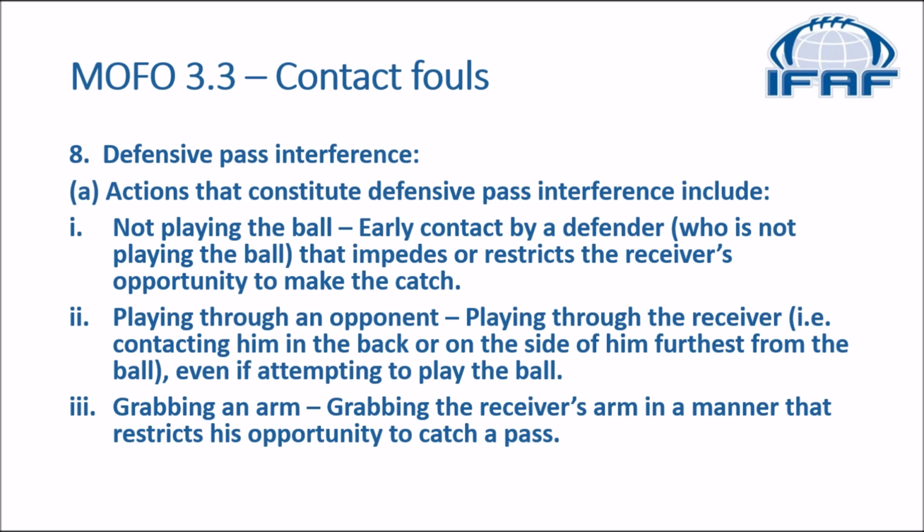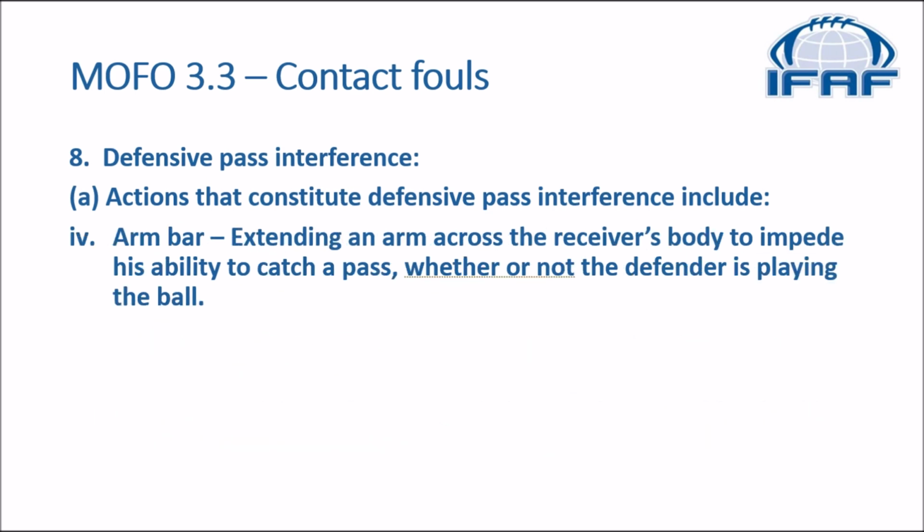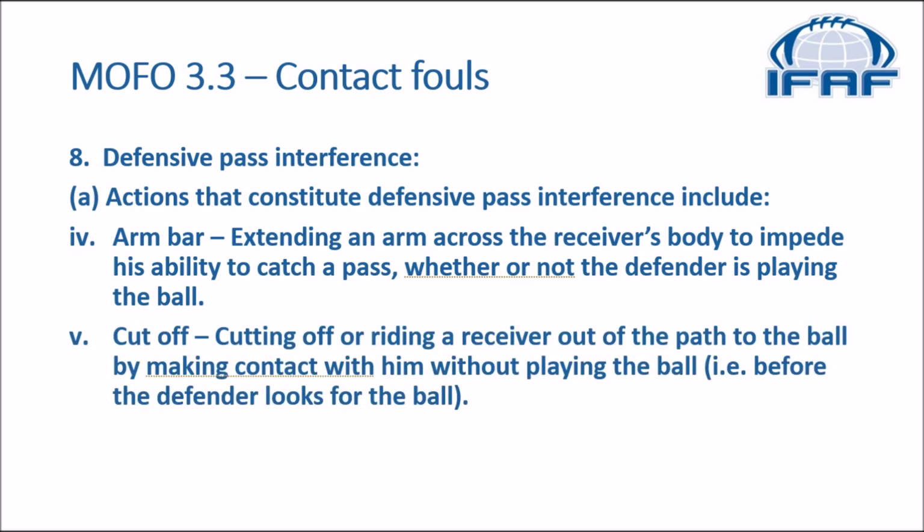And 3, grabbing an arm, which is the focus of this training tape. Grabbing the receiver's arm in a manner that restricts his opportunity to catch a pass. 4, armbar, extending an arm across the receiver's body to impede his ability to catch the pass, whether or not the defender is playing the ball. 5, cutoff, cutting off or riding a receiver out of the path to the ball by making contact with him without playing the ball.